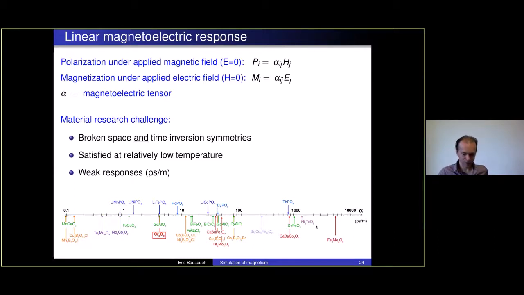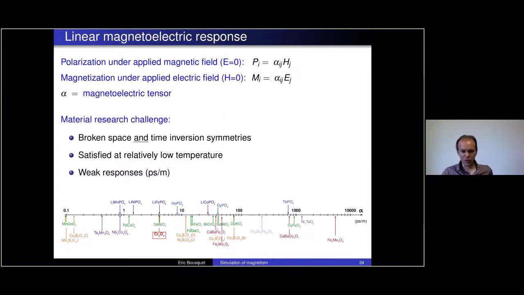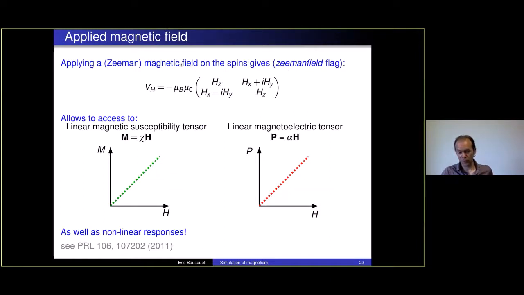Now you want to simulate that from DFT. If you want to do that, to have the Zeeman potential, you need non-collinear magnetism, because when you apply a magnetic field in a given direction, you want the spins to be tuned with respect to this field or this direction.